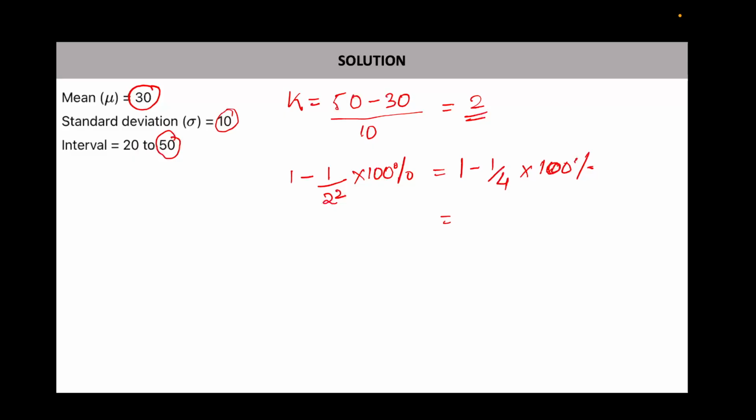And this value will be 3 by 4 into 100, and the answer will be 75%. Yes, very good. The answer is 75%. I hope this theorem is clear now.